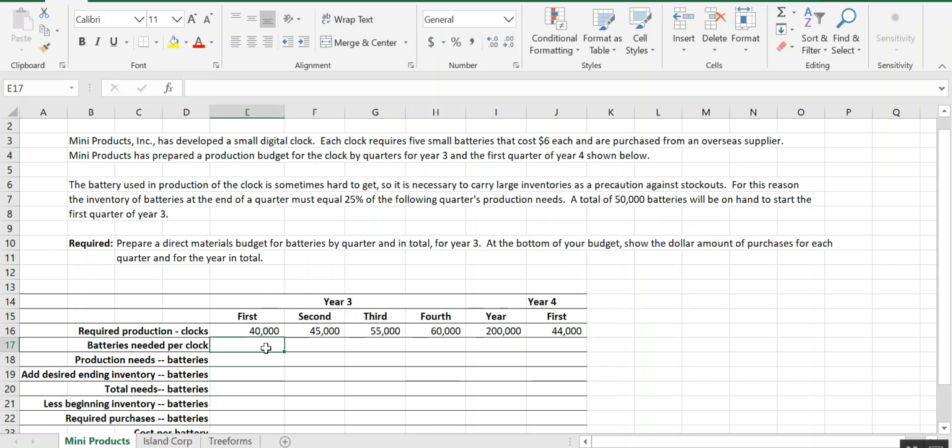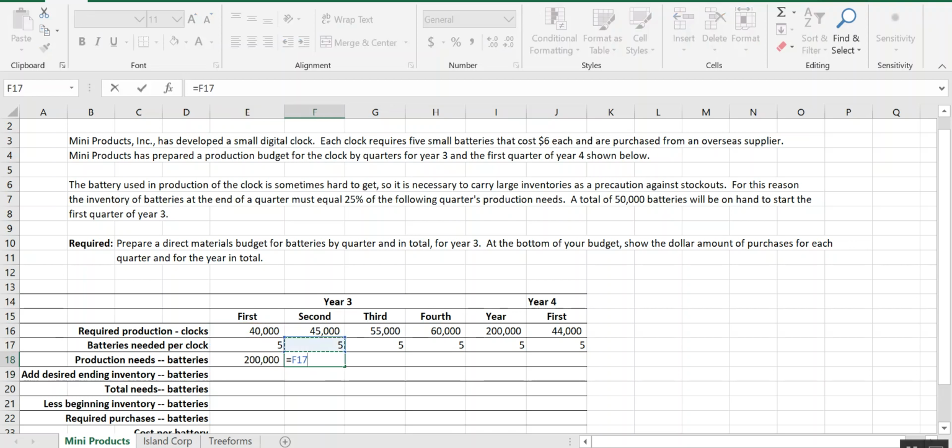So what we're going to do to start with is identify that for each of these products that we were identifying, this required production of clocks, we're going to need 5 batteries for each one. We're going to do a multiplication here, 5 times the 40,000 clocks, to find out how many batteries we need. So in the first quarter, we're going to need 200,000 batteries.